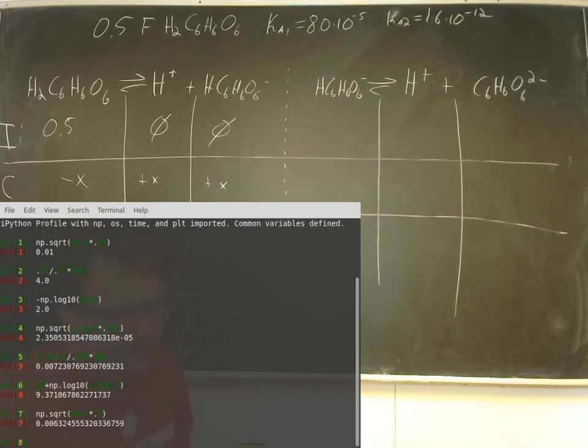And I get a value of x equal to 0.00632. And it looks like that's going to be just over 1% of our initial concentration, 0.5. I won't do the math because we know that that is going to be sufficiently small.